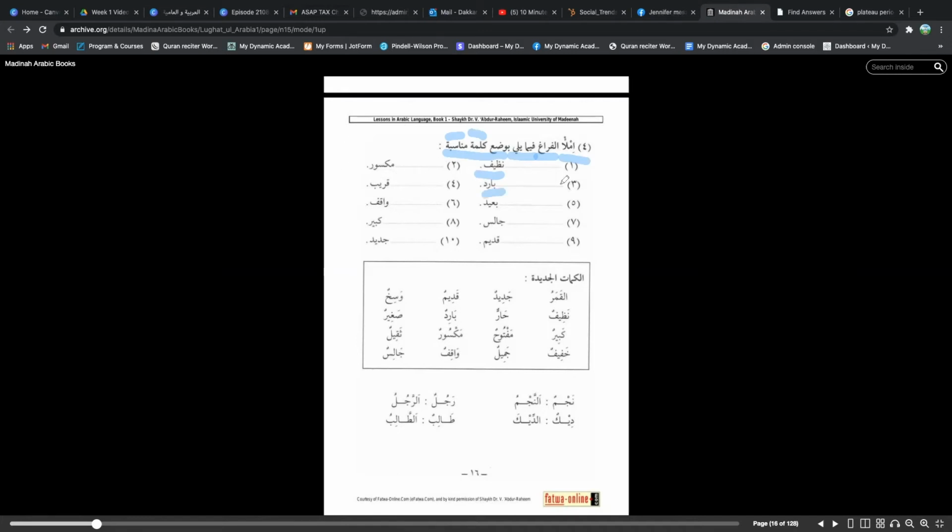Barid, cold. So baridun. Let's think about what can be cold. It can be al-ma'u. You can say al-labanu. Things that can be cold, right? Qaribun. What's close, and could be al-baytu. The house is close. Al-masjidu qaribun. Okay.